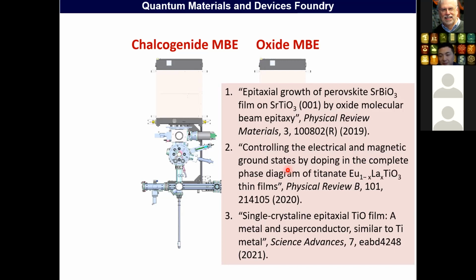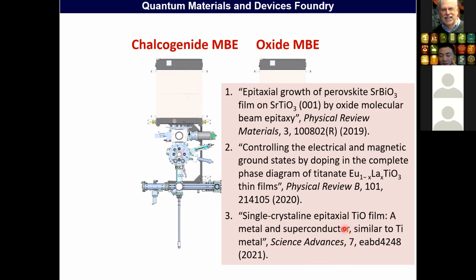During the whole process, we found the material changed from antiferromagnetic to ferromagnetic and changed back to antiferromagnetic. It also changed from insulator to metal to insulator again. So we finished the phase diagram with this group of materials.